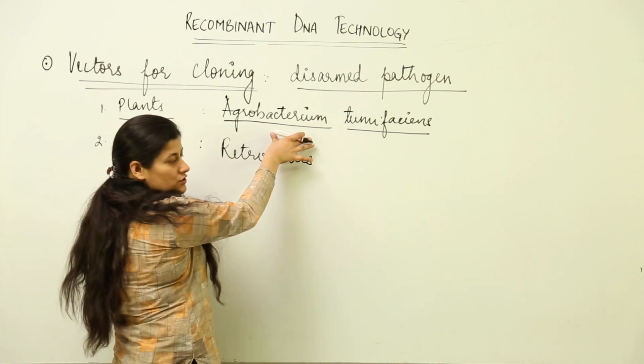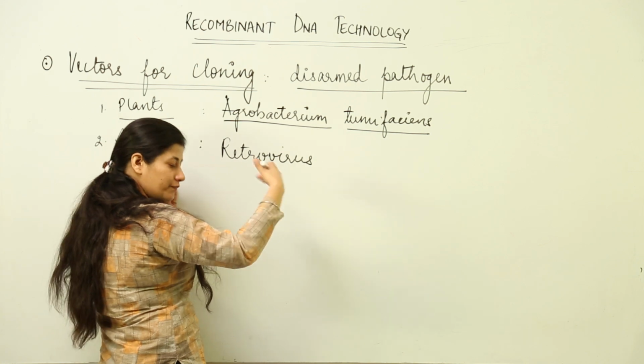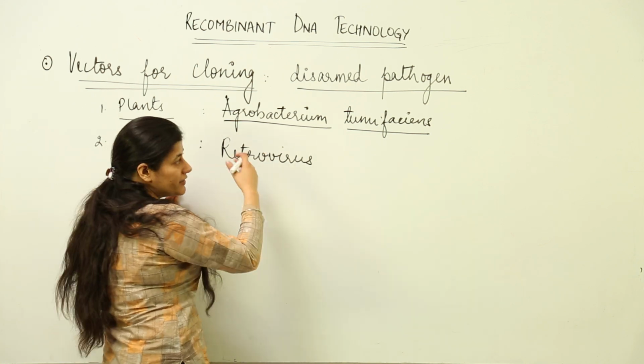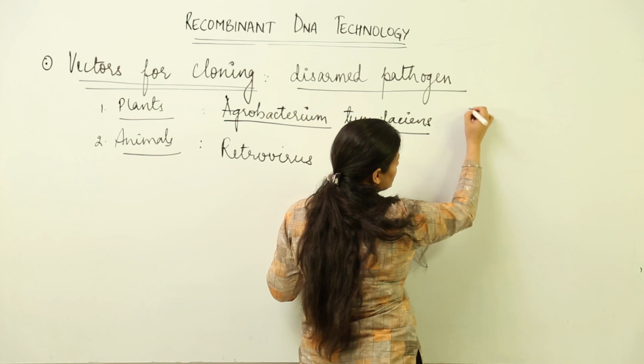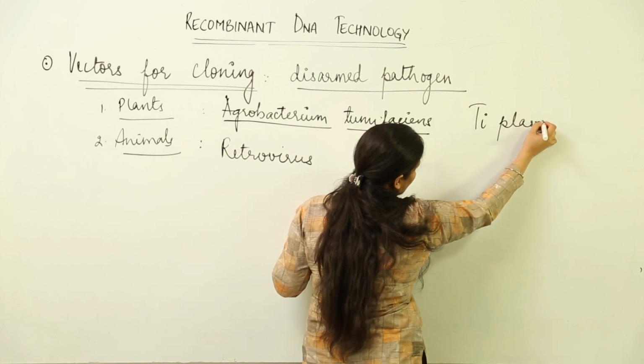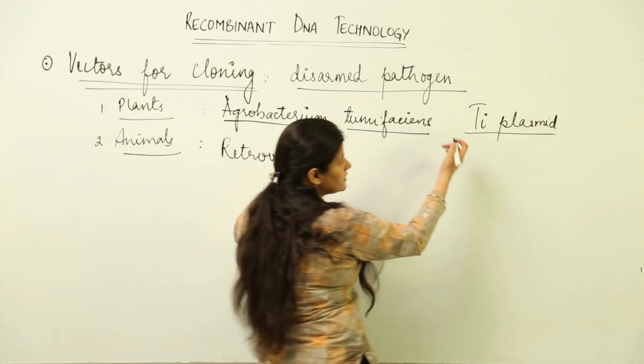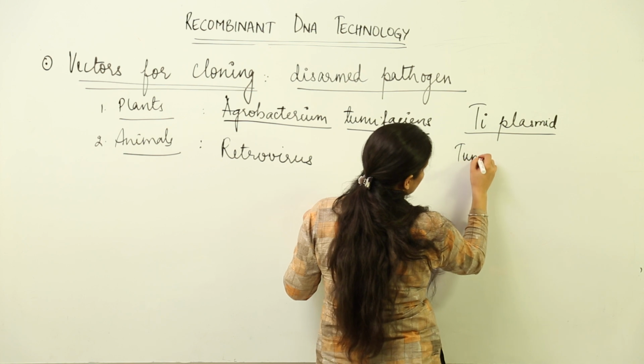Now, same as in the case of Agrobacterium tumefaciens, it has the ability to infect, that is its nature, but it has one plasmid that is known as the tumor inducing plasmid. As you know, this plasmid has the ability of self replication, because it is a plasmid. This TI stands for tumor inducing.